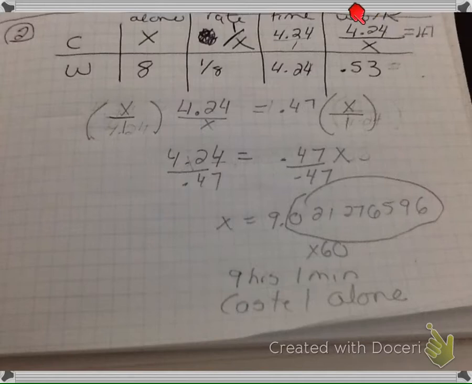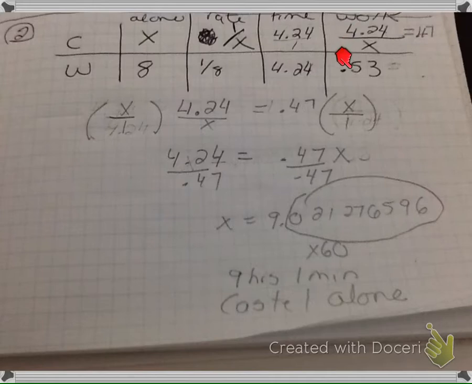Okay, so over here, she asked me, what does this work represent? Really, I shouldn't have called this work. I should have called it job, because what you have in this part is what part of the job this person can do, and what part of the job this person does. And that's why these two always add up to one whole.